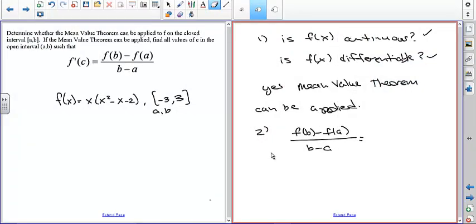So evaluate the function at -3 and +3, then divide by 3 minus... we'll let b equal 3 and let a equal -3, and see what that average slope is.